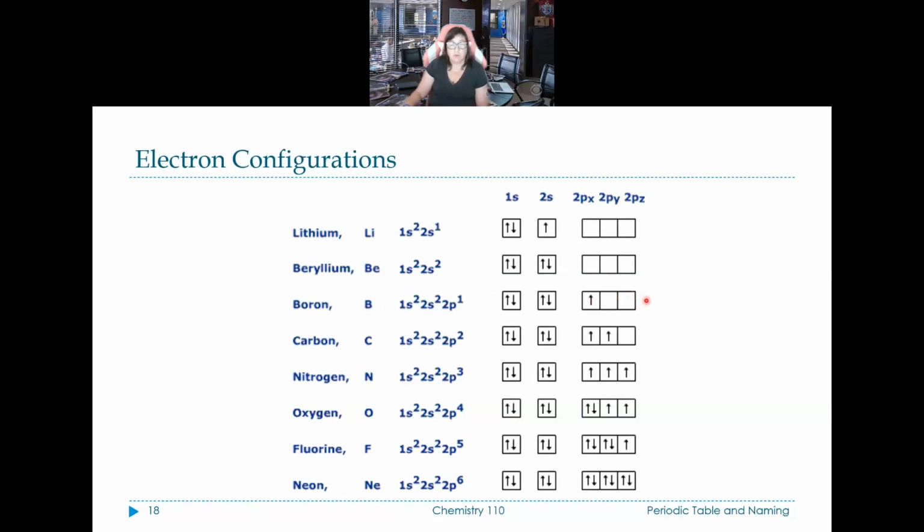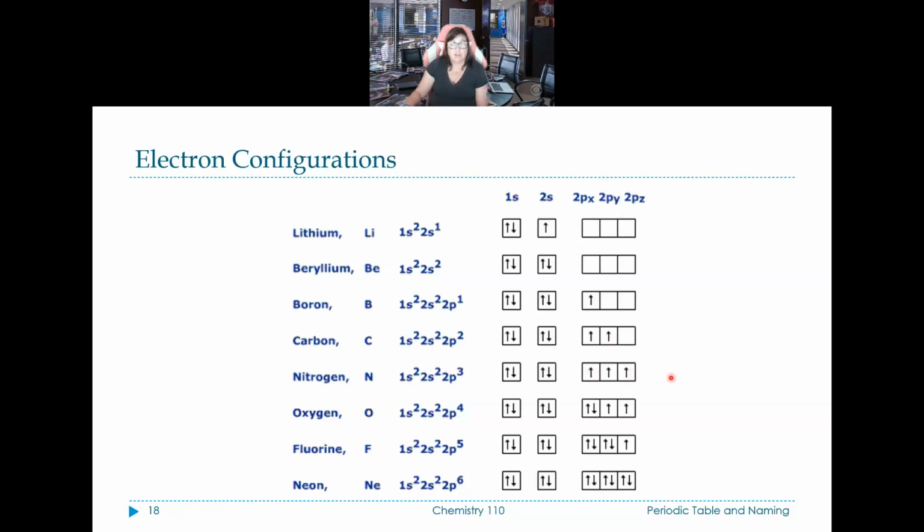Now, when I said that we wouldn't pair unless we had to, when we talked about Hund's rule, that's what you see right here. So as I add to carbon, and I add that second electron into the p's, it doesn't pair with this one. It goes into its own place. So it goes into a different orbital because it can't pair yet. The same is going to be true when I add the third one.